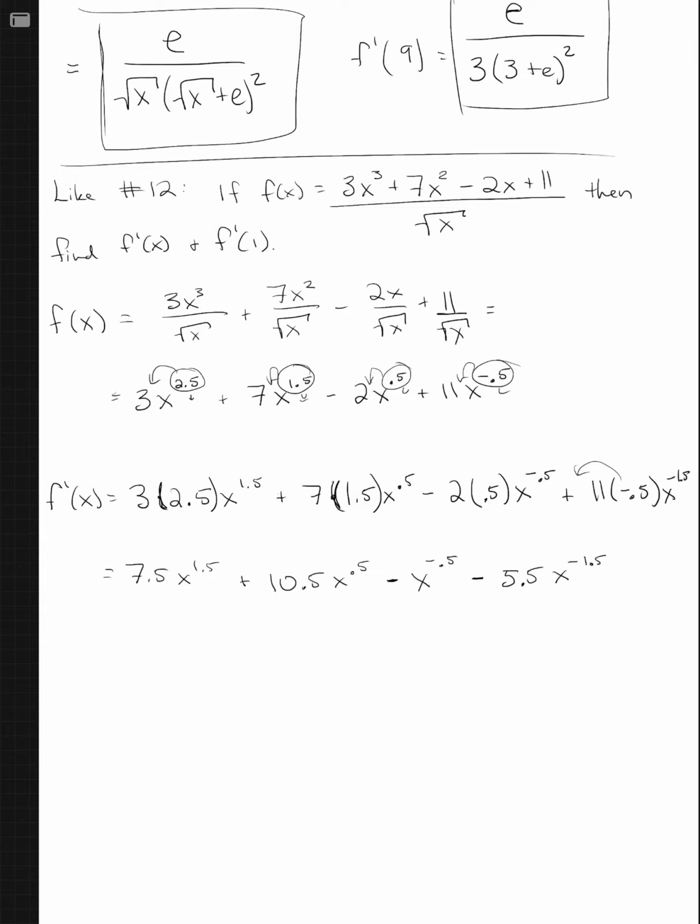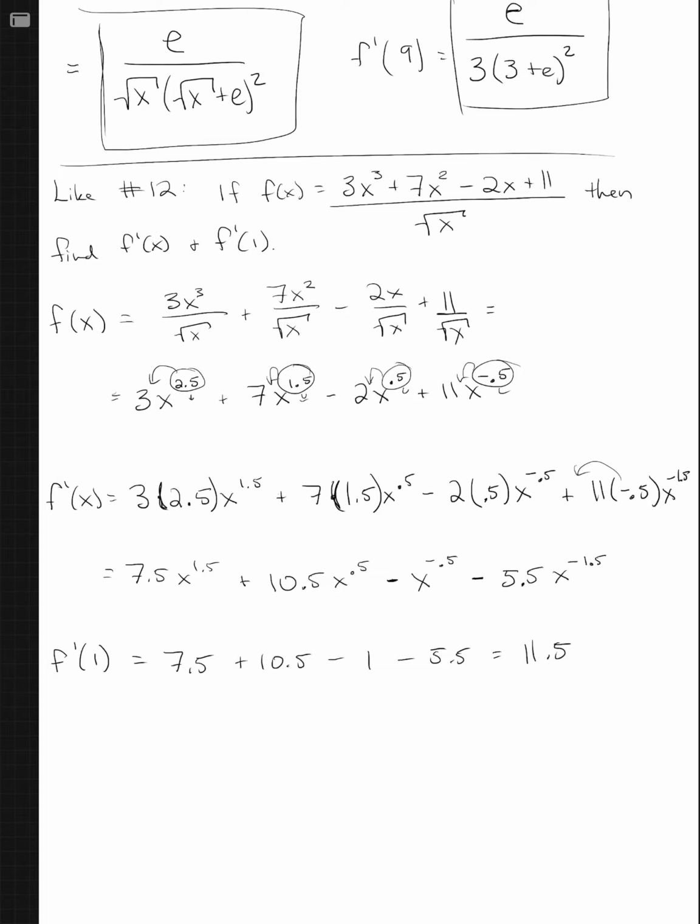Okay, so that would be our derivative. And it also asked for f prime of 1. That just means plugging 1 in for everything. And so we get 11.5. Right.